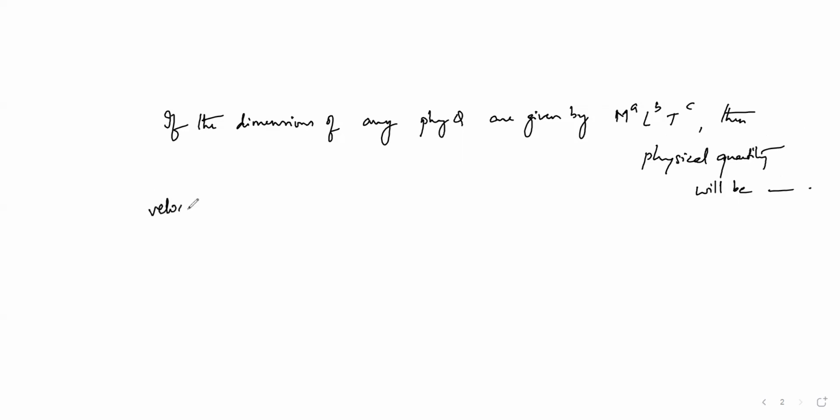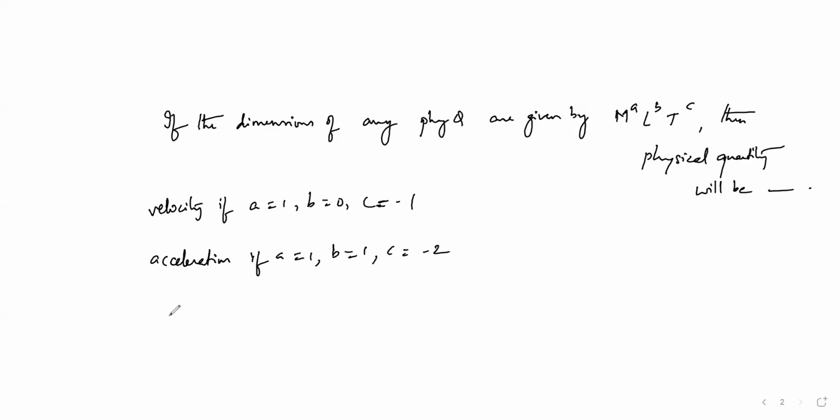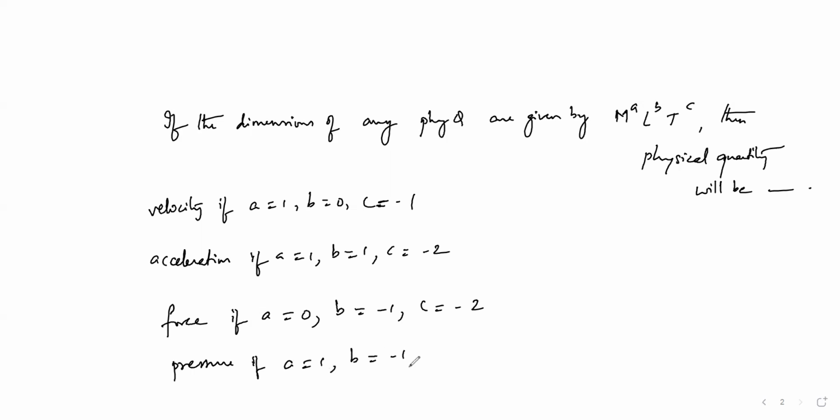It will be velocity if a equals 1, b equals 0, c equals -1. Acceleration if a equals 1, b equals 1, c equals -2. Force if a equals 0, b equals -1, c equals -2. Pressure if a equals 1, b equals -1, c equals -2.